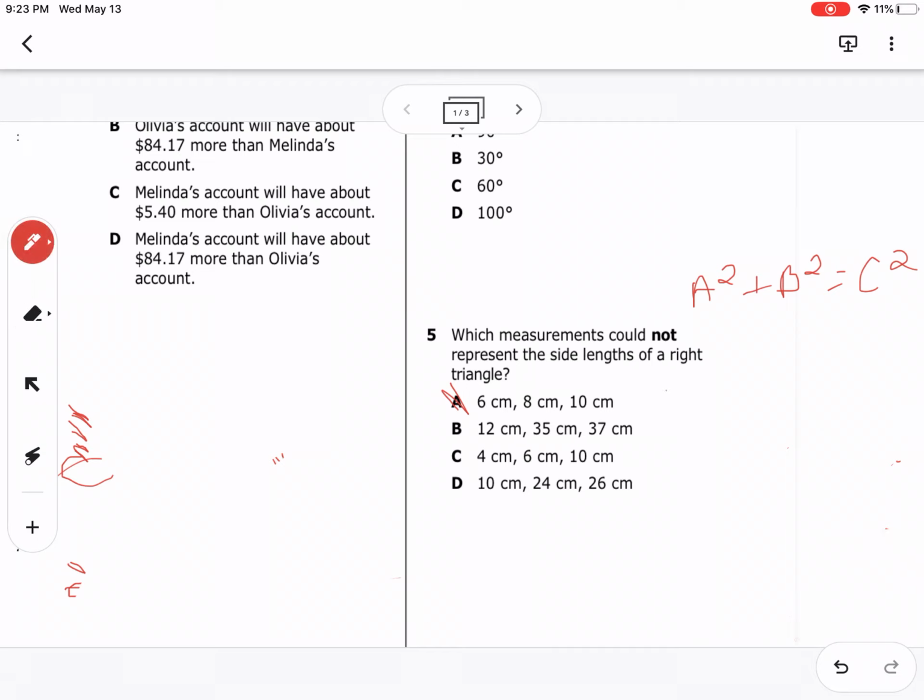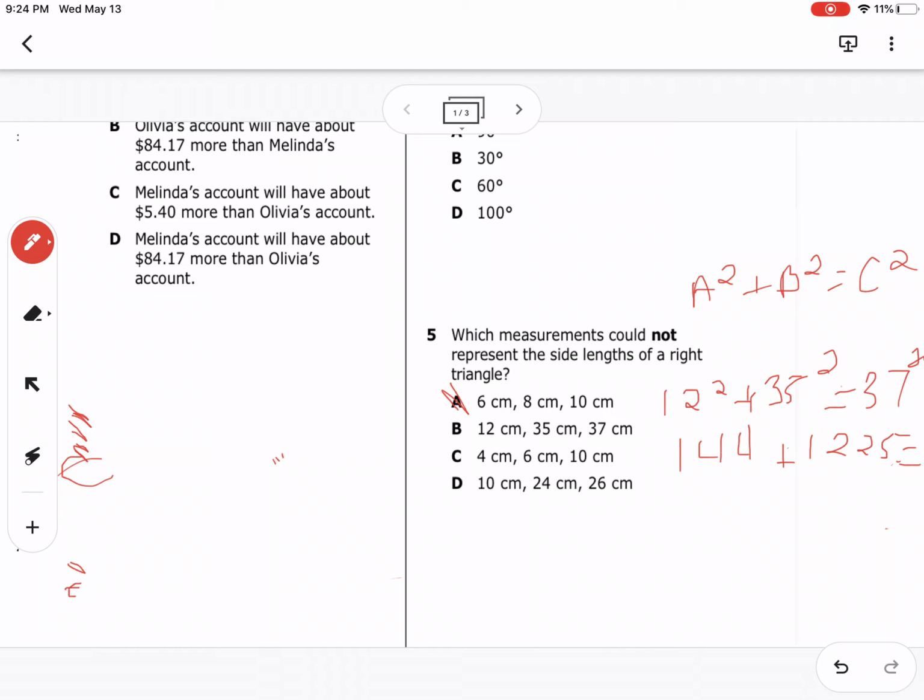Moving on to B. We have 12 squared plus 35 squared equals 37 squared. All right, so 12 squared. 12 times 12 is 144, plus 35 squared. 35 times 35 is 1,225, equals 37 squared.